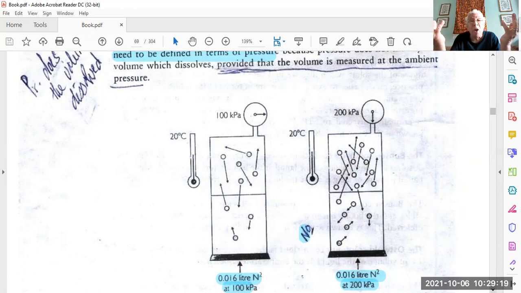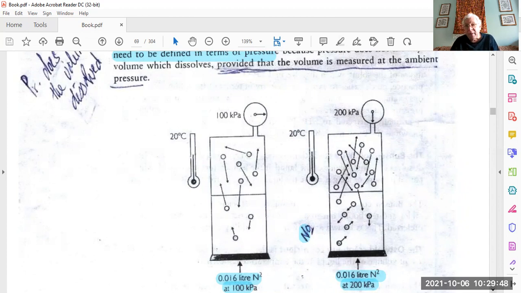But if we apply Boyle's law, we can say that the more molecules on the right side, where the pressure is more, according to Boyle's law, will have a low volume. In comparison to the left one, where the molecules are on normal pressure, the volume will not be much affected like the right one.